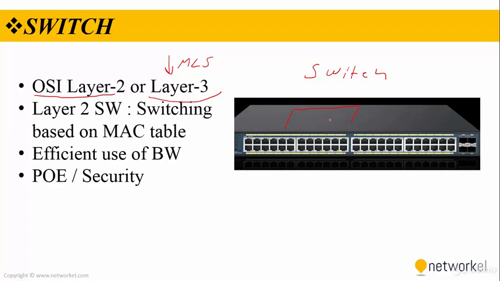They keep a MAC address table and forward the packets between ports using that MAC address table. So that provides us efficient use of bandwidth, and these devices can also provide power over Ethernet and security operations for us, which we are going to talk about later in detail.